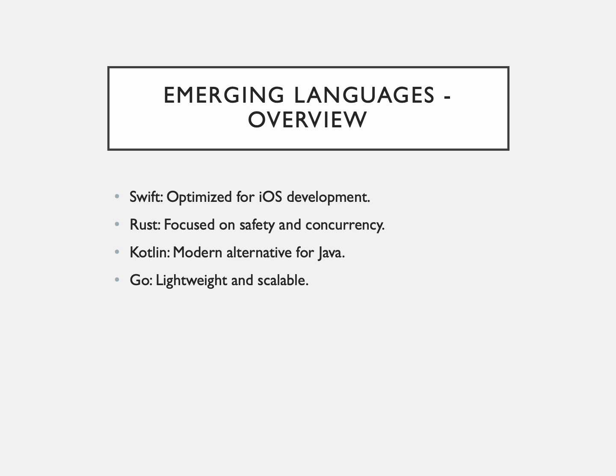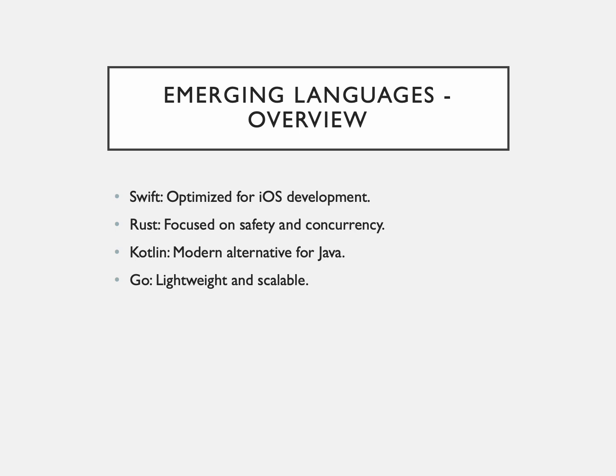It replaced Objective-C as Apple's primary development language and was designed for speed, safety, and modern syntax. Swift's simplicity and readability make it beginner friendly while offering the power required for advanced app development. For example, apps like Airbnb and LinkedIn leverage Swift to deliver seamless user experiences on iOS devices.